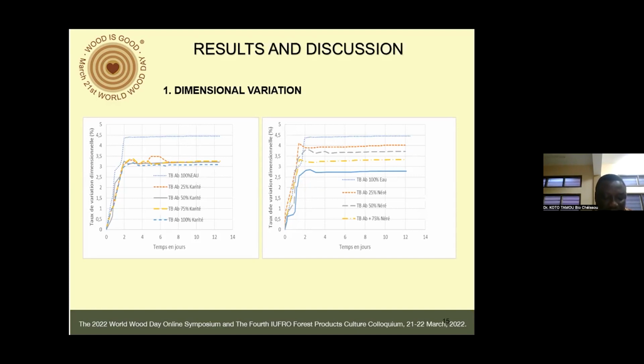With a mixture without adjuvant, we obtain a rate of dimensional variation of approximately 4.5%, whereas it is approximately 12% for the dosage of 100% Shea and 2.5% for the dosage of 100% Nere.